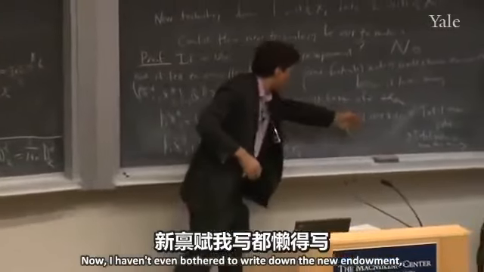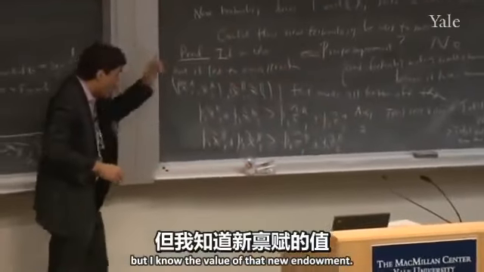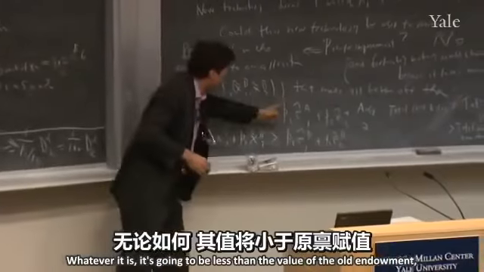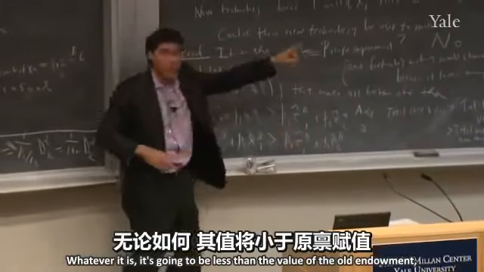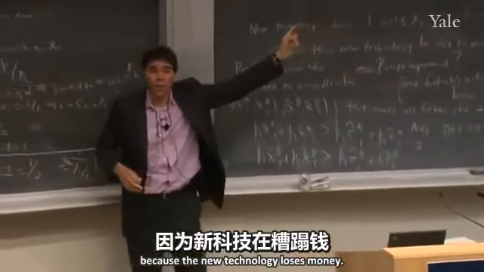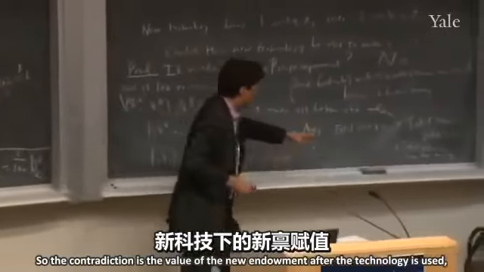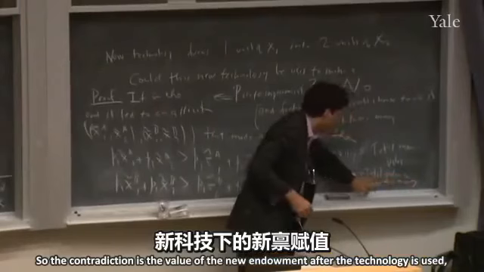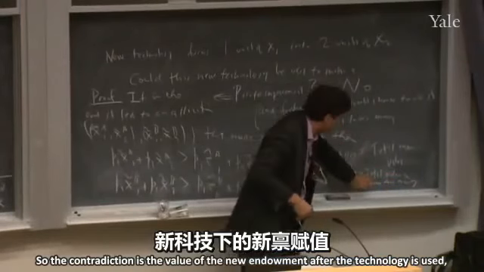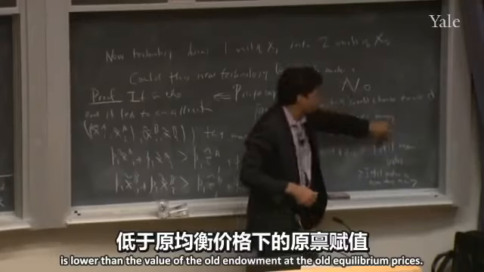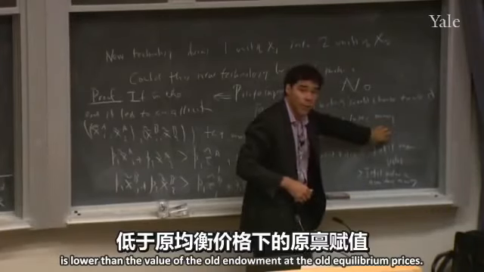Now I haven't even bothered to write down the new endowment. But I know the value of that new endowment, whatever it is, is going to be less than the value of the old endowment, because the new technology loses money. So the contradiction is that the value of the new endowment after the technology is used, at the old equilibrium prices, is lower than the value of the old endowment at the old equilibrium prices.